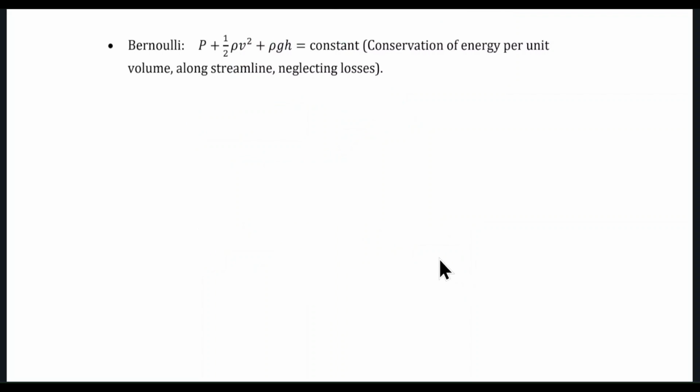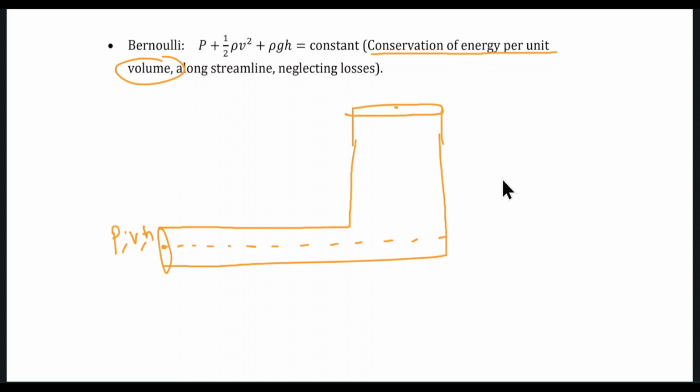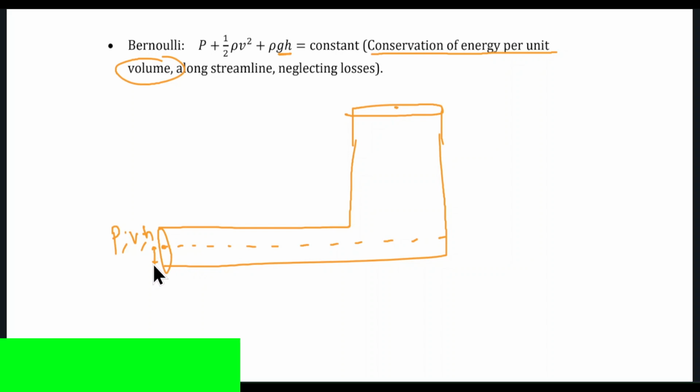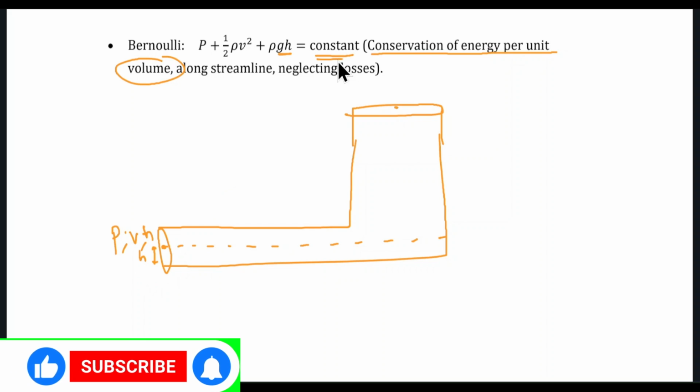The last one is Bernoulli. Bernoulli works on conservation of energy per unit volume. It says that the pressure at a particular point plus half rho v squared, where v is the velocity and rho is the density, plus rho gh, where h is the height from the reference, is always constant. It means that the energy is conserved per unit volume.